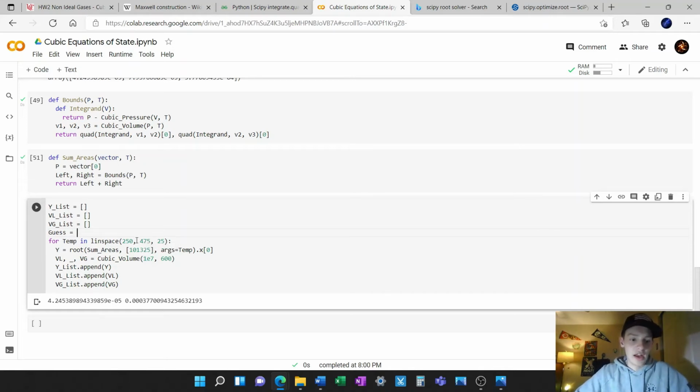So because we're starting at a small temperature, below the freezing point of water there at 250 Kelvin, let's just start with something small. It doesn't have to be crazy in Pascals. Let's start just at 1,000 pascals. And then here we can put in our guess there.